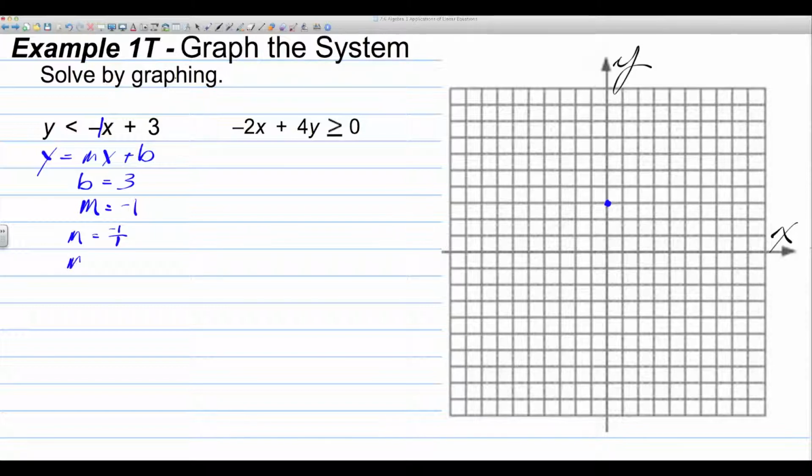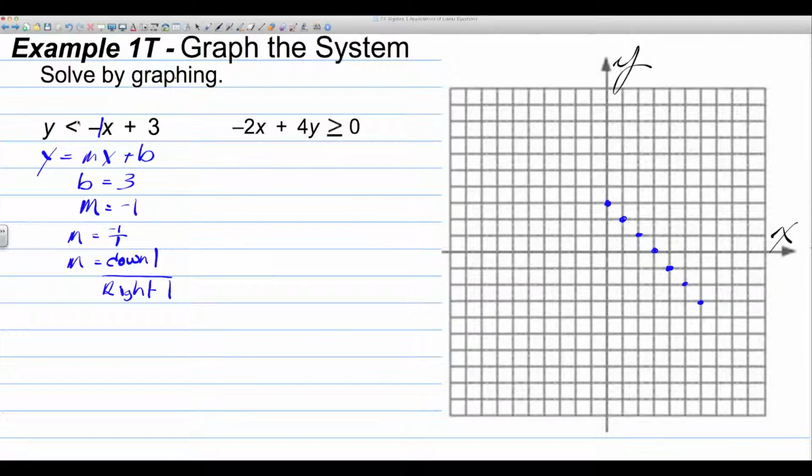In terms of a movement in graphing, from our y-intercept we're going to go down 1 and to the right 1. From this point, we go down 1 and to the right 1 again. We can continue that pattern until we get to the end of the graph, or until you get the idea that it's a straight line.